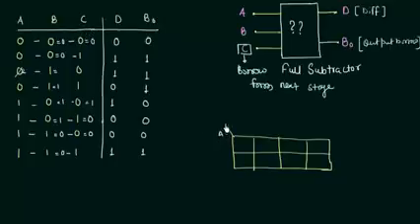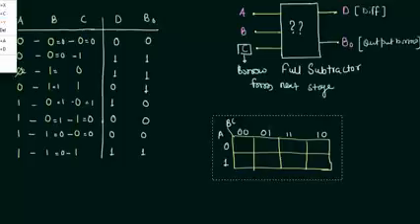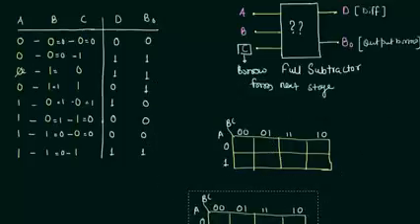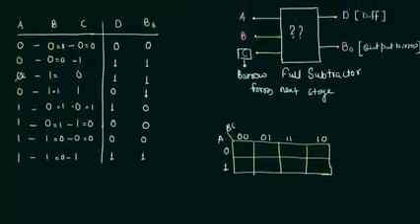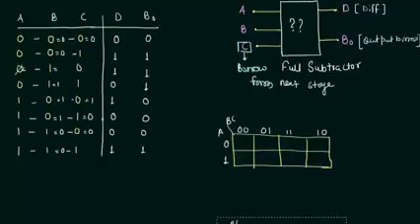So A will be here, BC is here: 0 0, 0 1, 1 1, 1 0, and 0, 1. We are going to require the same K map to solve for BO, so I'm going to copy it and paste it so that we will use the same 8 cell K map for the borrow output. It will save our time a bit.